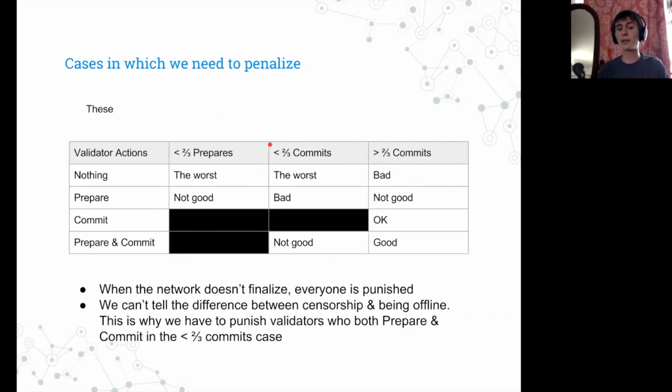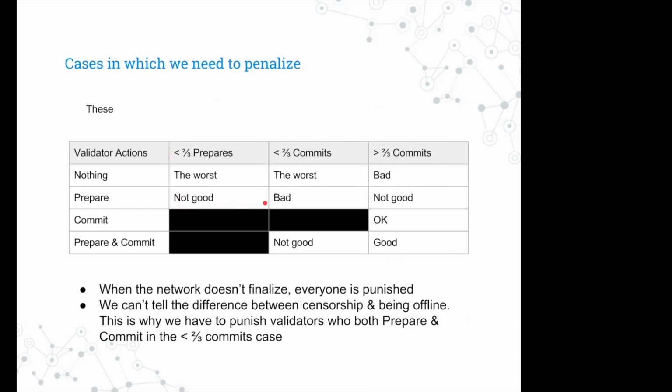So that's epoch 6. Epoch 7 had 2/3 prepares and 2/3 commits, and that's this column. So these are totally separate epochs. This is one epoch, that's another epoch, this is another epoch. And these are the different possible outcomes of that epoch.